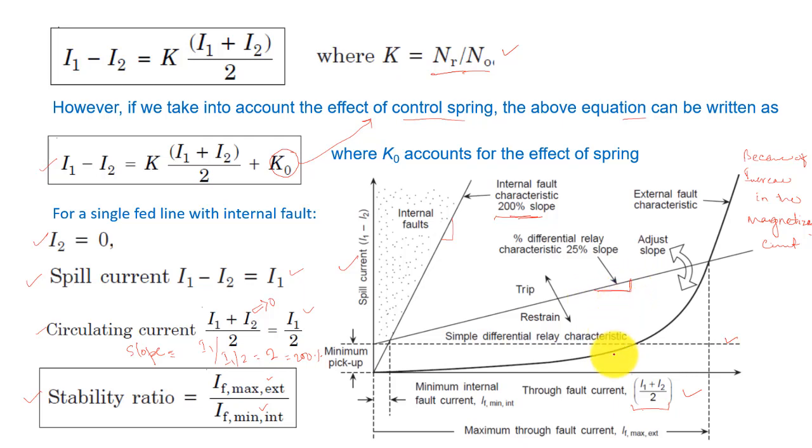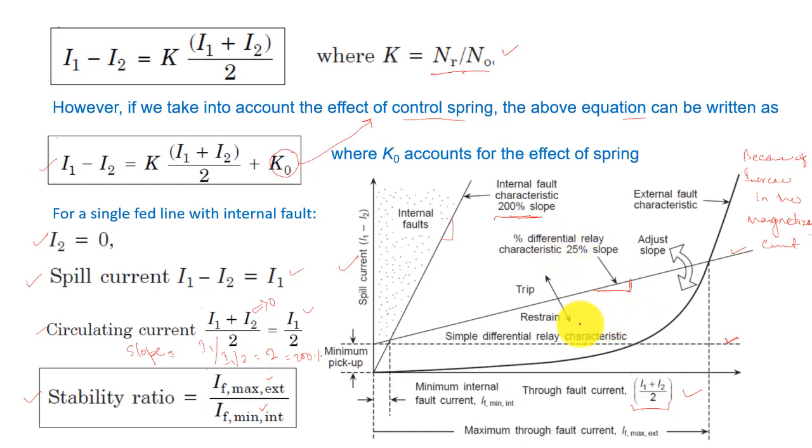So if we compare the stability ratio for these two characteristics, one for the simple differential relay and the other for the percentage bias differential relay, we can see that the stability ratio is much more enhanced for the percentage bias differential relay, right?